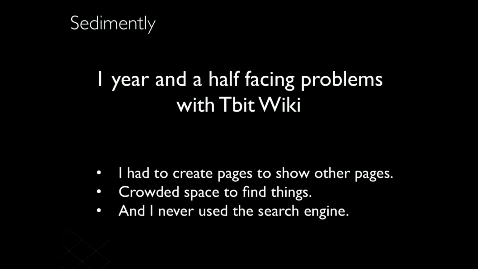When I came here, I had this idea to make a really easy wiki. In my previous startup, what I faced in the wiki they were using, MediaWiki, was that I had to create pages to show on other pages.